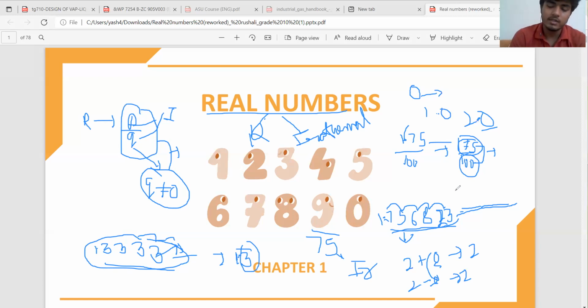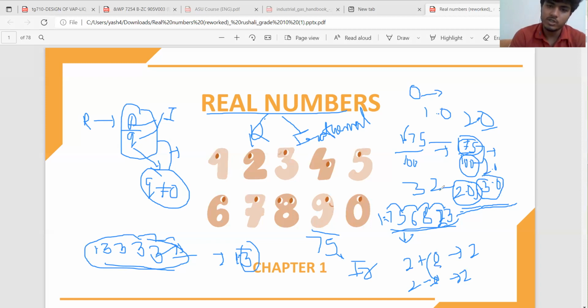And what are integers? Integers are those numbers whose decimal place is 0, like 2.0, 3.0. Or we can say, we do not have to say 2.0, we just say 2, 3. The numbers that do not have any decimal place, or whose decimal place is 0, are integers.